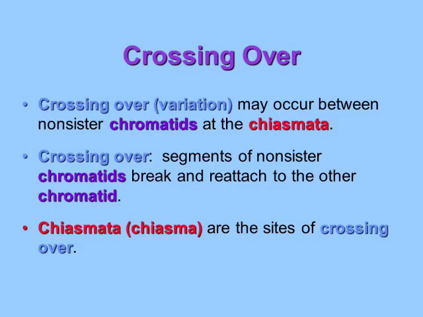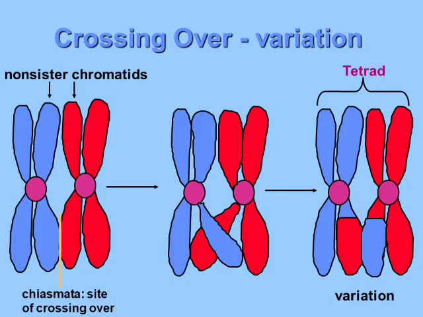The crossing over. Crossing over may occur between non-sister chromatids at the chiasmata. In crossing over, segments of non-sister chromatids break and reattach to the other chromatids. Chiasmata are the sites of crossing over. Paired chromosomes from each parent align so that similar DNA sequences from the paired chromosomes cross over one another.